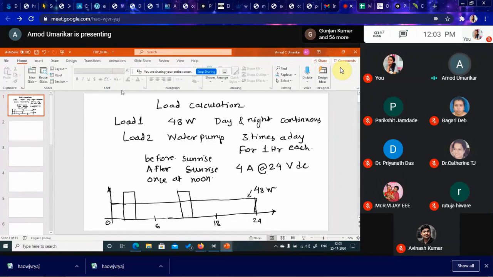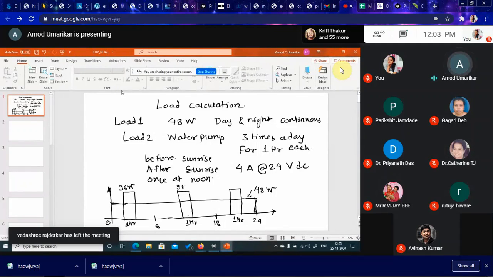After sunrise, means before noon, in the noon, and third is, so this is 1 hour. The load value is not that important, the time is more important, the time for which it is on. So this is how much? 96 watt.